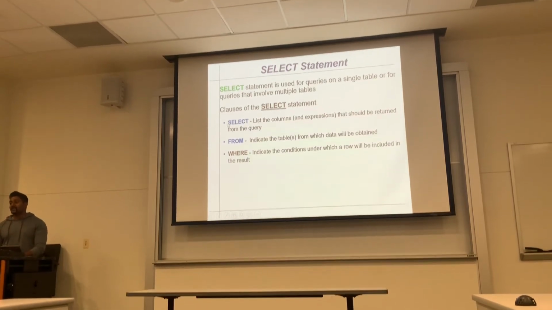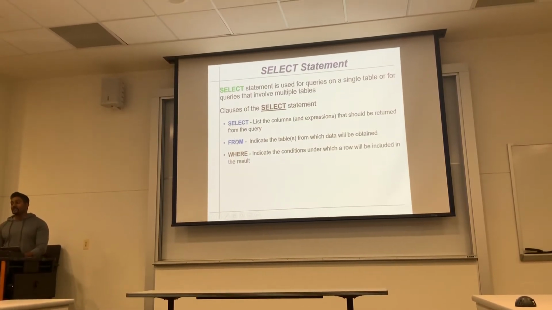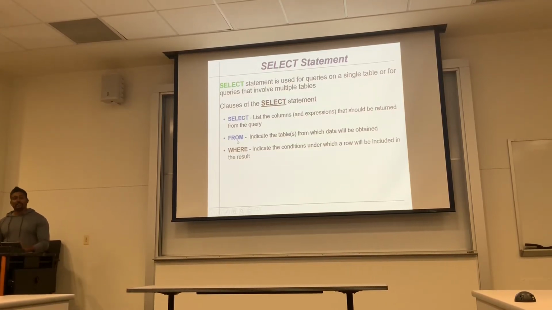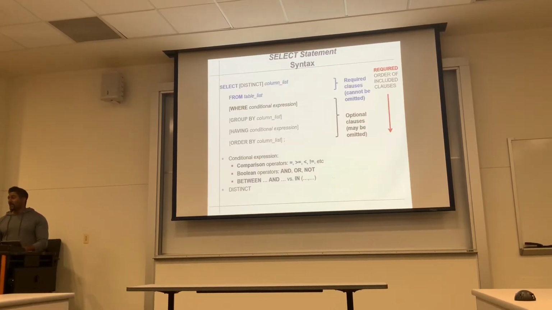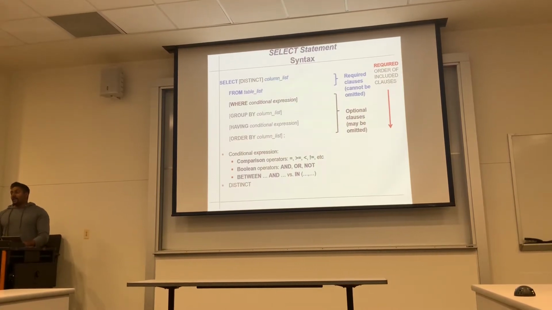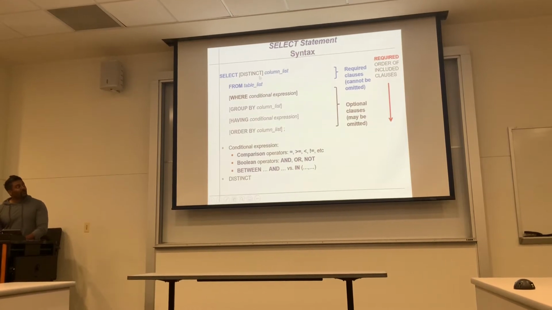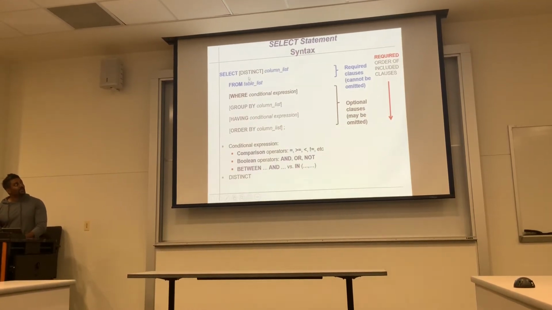In the most basic example, these are the two things that you'd always have: a select clause and a from clause. It can vary quite a bit after that, but this is the structure of all the different options that you can use for a SQL query.